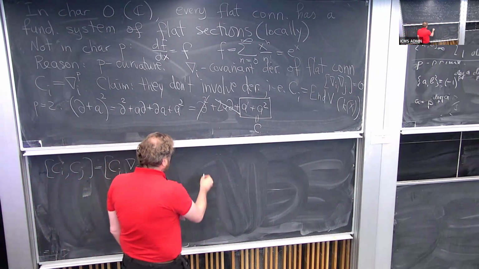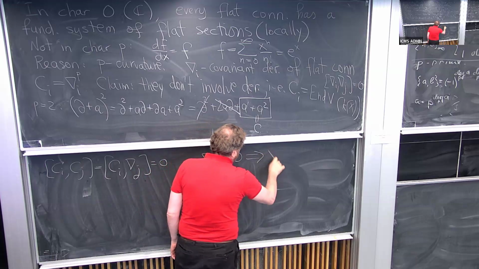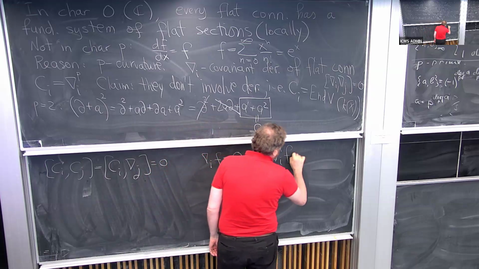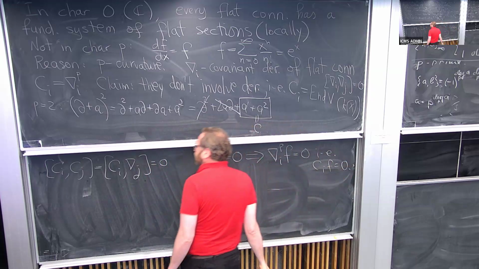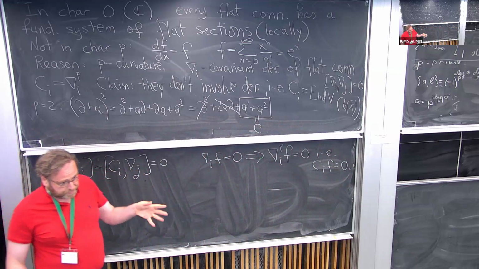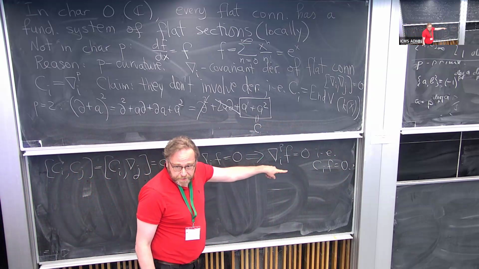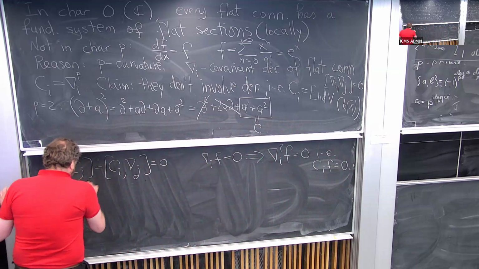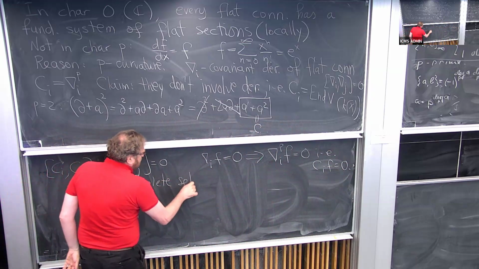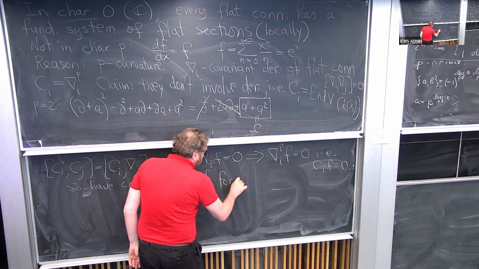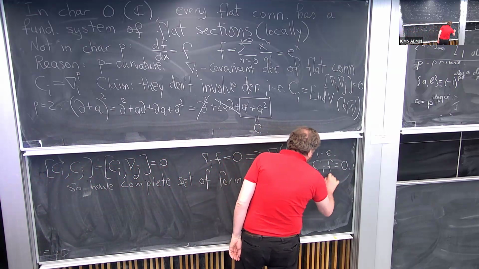Now if you have a solution, if you have nabla i f equals 0, then this implies that nabla i to the p times f equals 0, which means that C i f equals 0. So in order to have a complete set of solutions, which means evaluation at the origin gives you a basis, you need C i equals 0. Formal solutions is equivalent to saying that C i are 0 for all i.